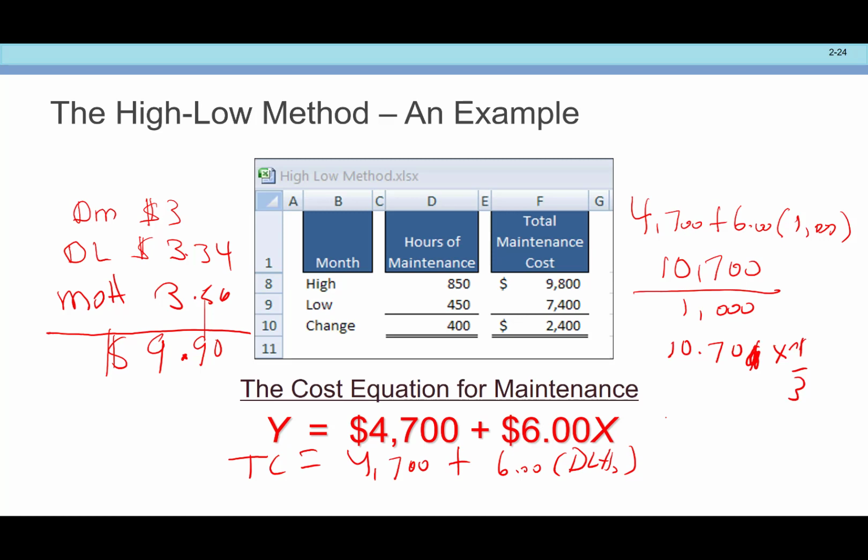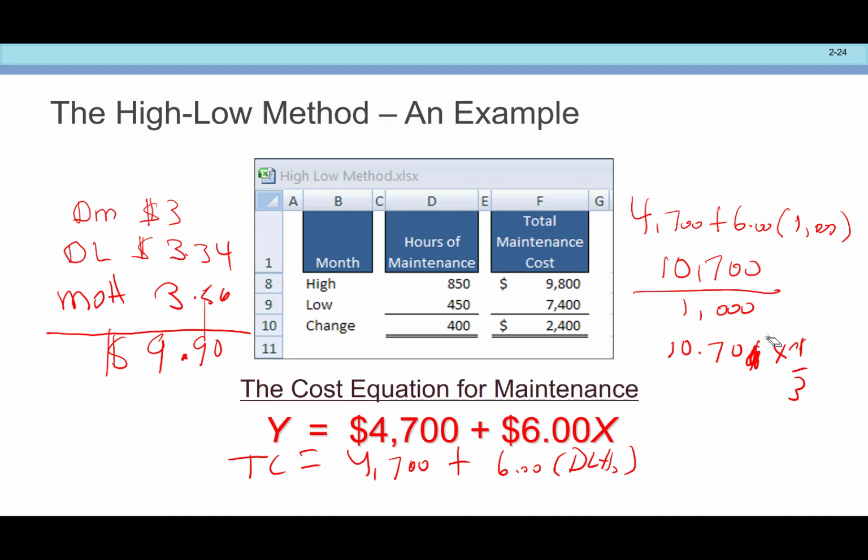Do you understand that there's $6 per direct labor hour in this example? So I'm thinking that 6 times 1,000 is what? 6,000 plus 4,700 is 10,700. And when you divide that by 1,000, do you get 1070? Okay, so it's 1070 per direct labor hour, right?